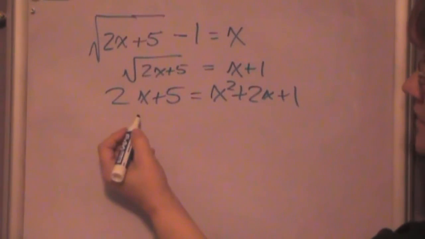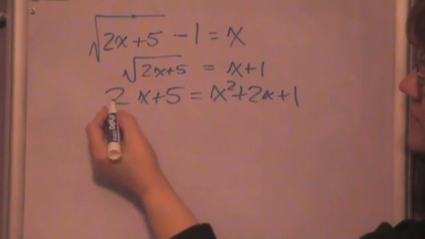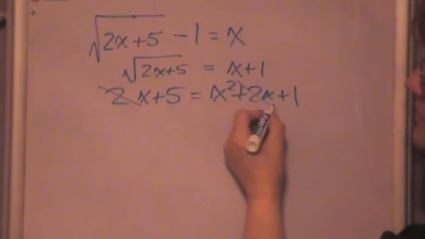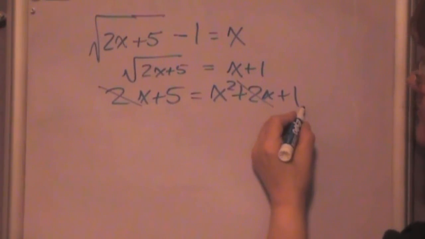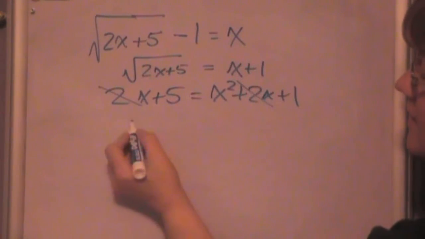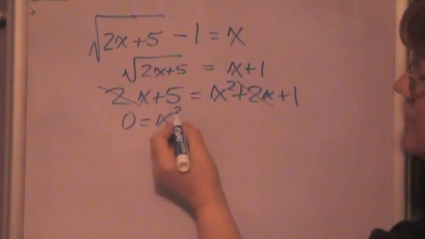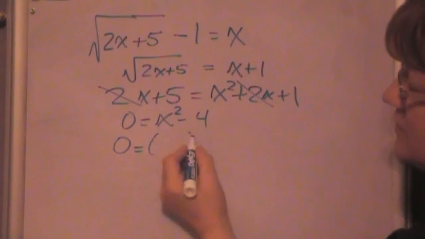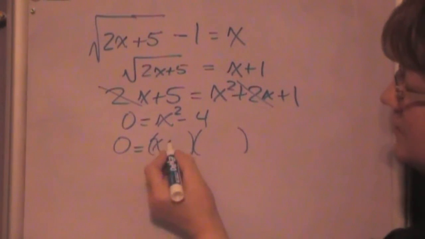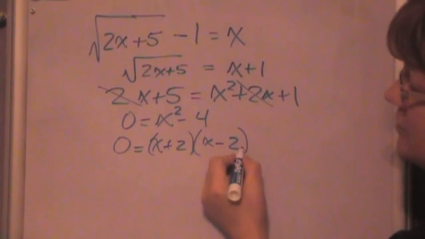Okay, now get all your x squares. You got 2x on both sides, so that goes away. And I get a minus 5 over here gives me a minus 4, so I get 0 equals x squared minus 4, and this is the difference of two perfect squares, factors into x plus 2, x minus 2.